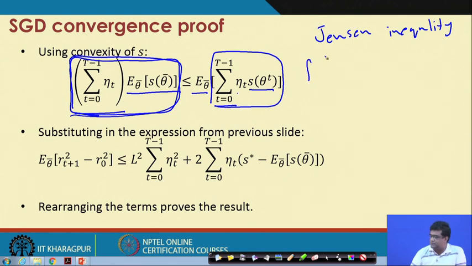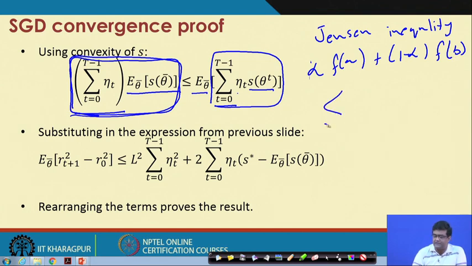In other words, if you have something like alpha times f(a) plus 1 minus alpha times f(b), this is always going to be less than f of the convex combination.